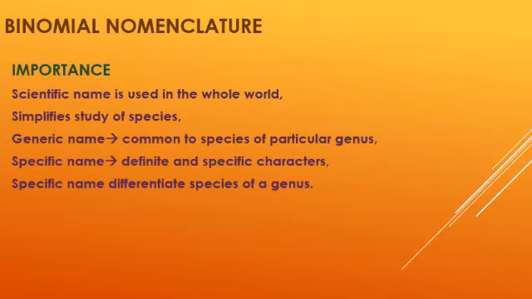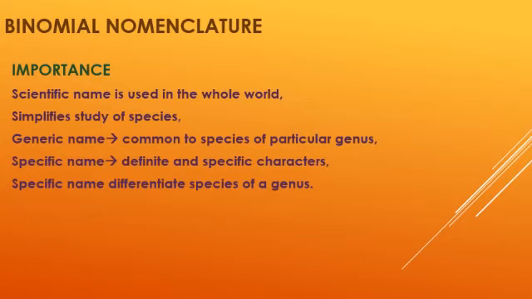Scientific name is used in the whole world. Any species will be studied with its scientific name and not common name. It also makes it easier for scientists from all over the world to study a species together. In a scientific name, the generic name is common to all the species of a particular genus.